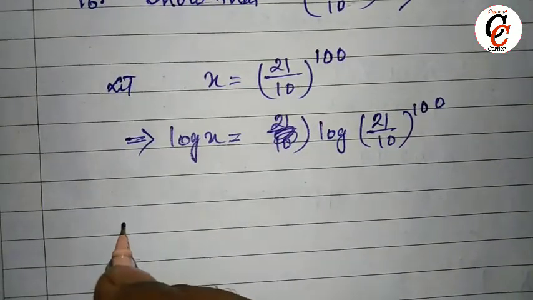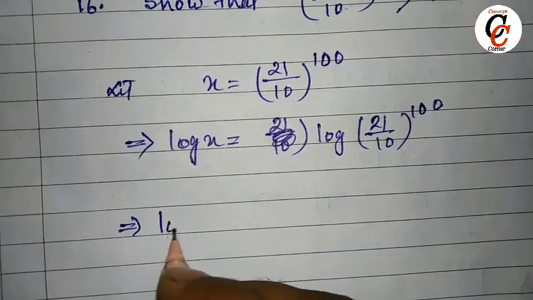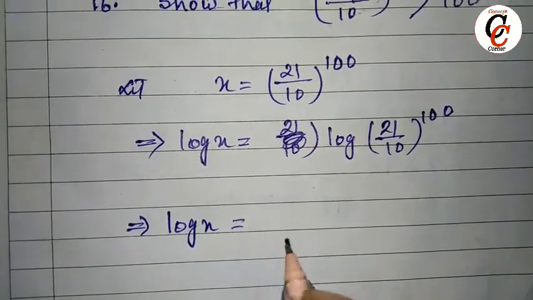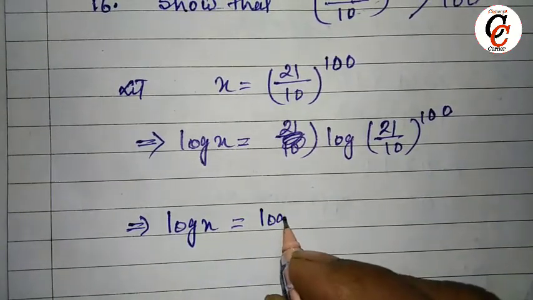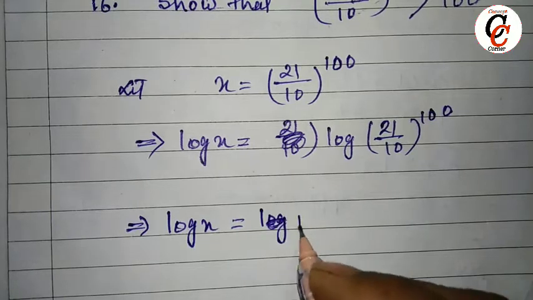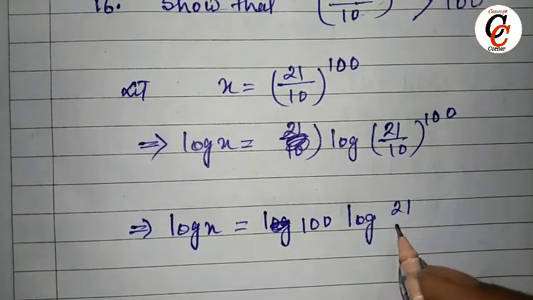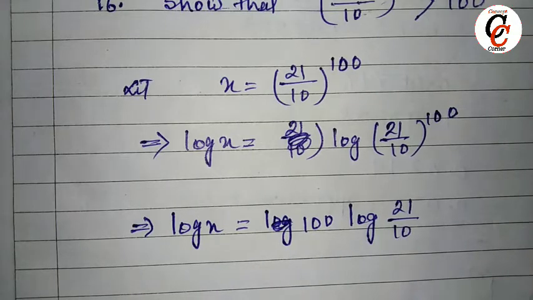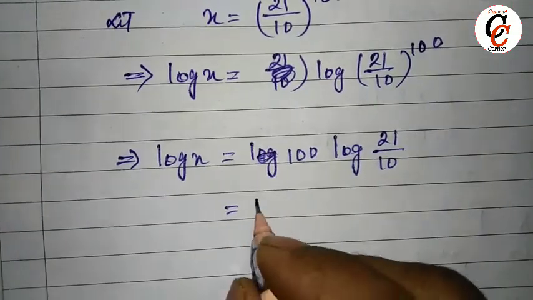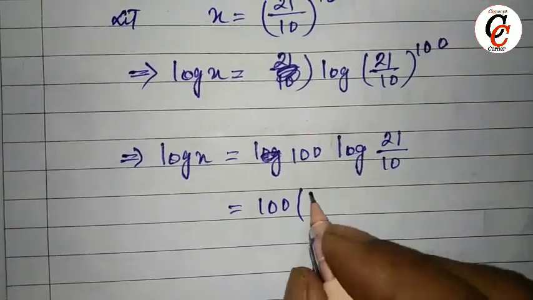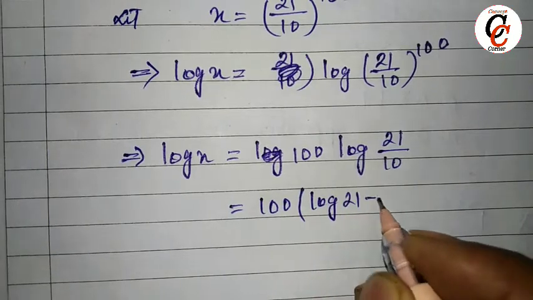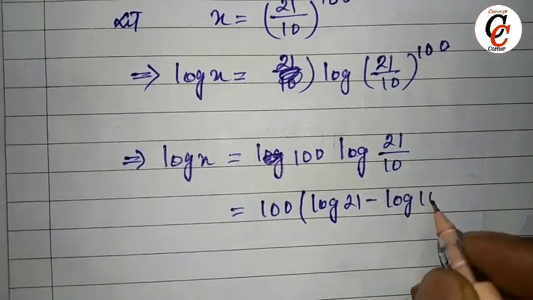So using logarithm, log of x is equal to log of (21/10) to the power 100. Log of x will remain the same. Here we can write 100 log of 21 by 10. So we put the value: 100 into log of 21 minus log of 10.